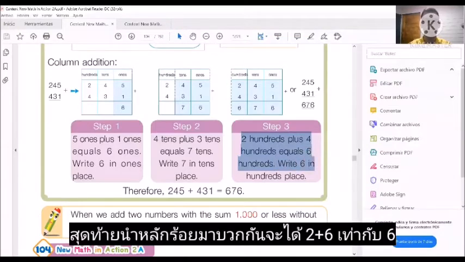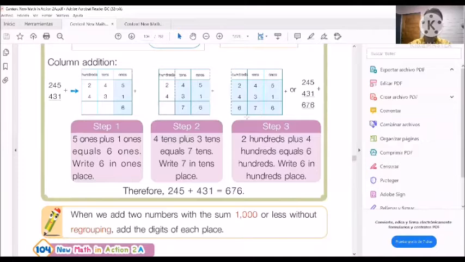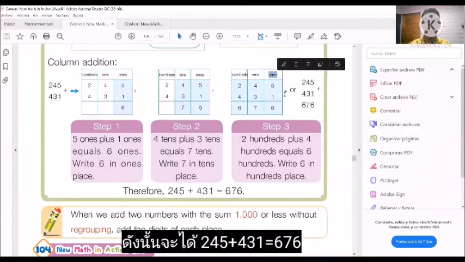Write 6 in hundreds place. Okay, so that's it. 2 plus 4 equals 6. So the final answer is 6 hundreds, 7 tens, and 6 ones. Or here we have 676.